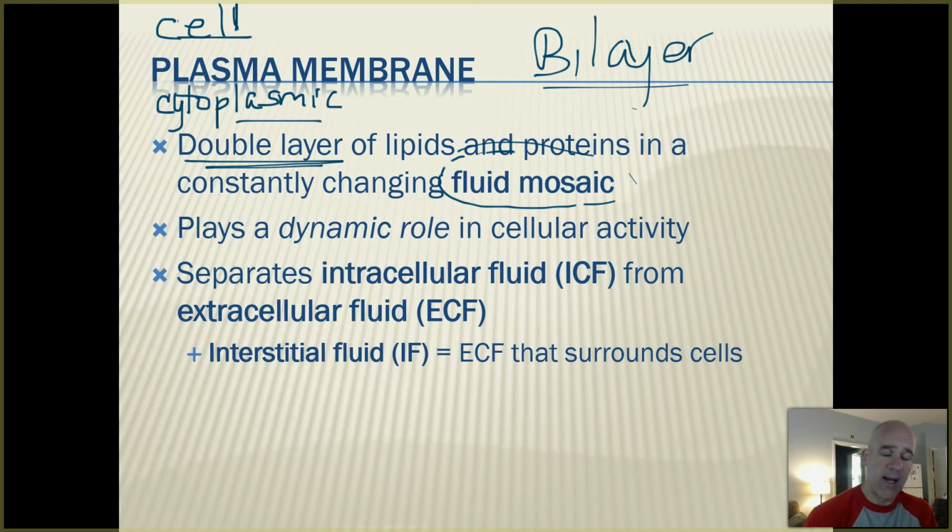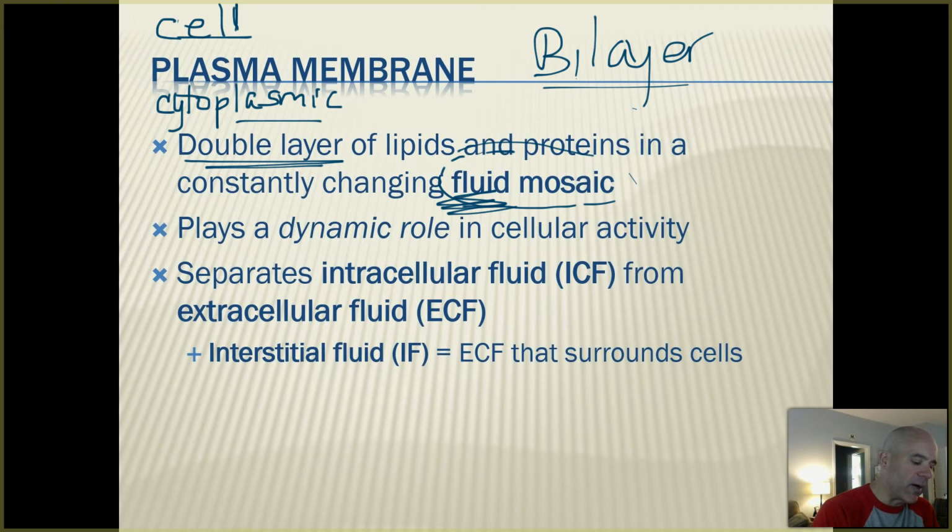They're not in any type of uniform pattern in that part of the cell. And what does the fluid part of the name mean? Now, you're used to thinking about fluids being inside a cell and outside the cell, but the membrane itself, that barrier, it's not like a piece of saran wrap or a concrete barrier or something. It actually flows around the surface, which can be a little bit difficult to visualize at first. So that's what's meant by fluid mosaic.